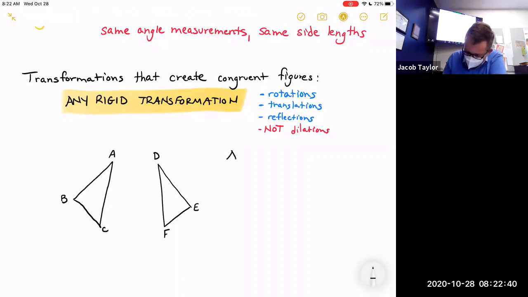So if I told you that triangle ABC was congruent to triangle DEF, and I really do have to write that they're congruent because my pictures do not look the same. But let's pretend like I did a perfect reflection here.